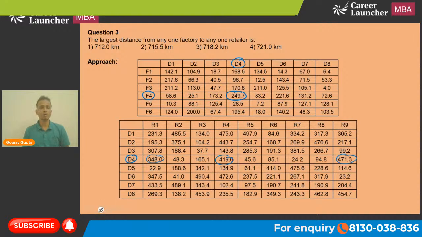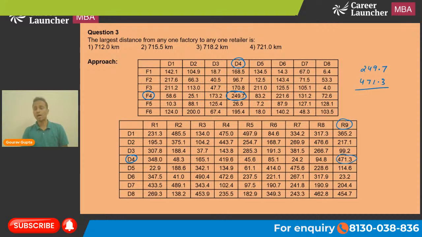So I can see that 471 is the largest distance corresponding to D4. So if I start from F4, go through D4 and deliver the goods at R9, then the distance that I'll be traveling, I'm not sure if it is maximized, but it is among the maximum distances.